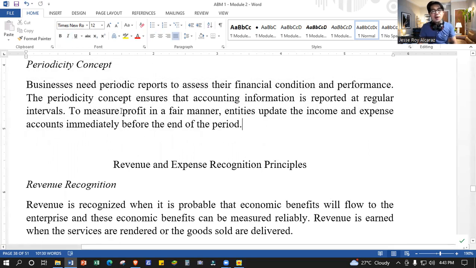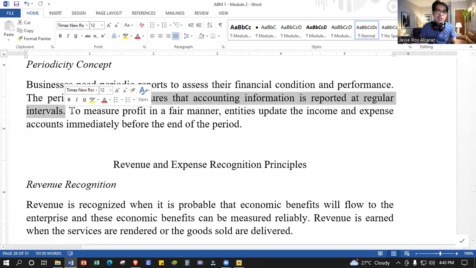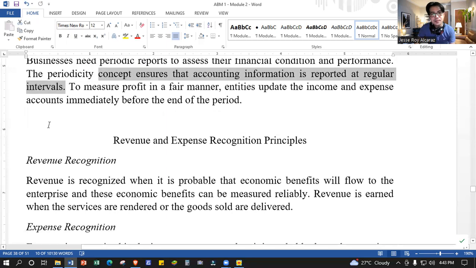To measure profit in a fair manner, entities update the income and expense accounts immediately before the end of the period. So the periodicity concept ensures that accounting information is reported at regular intervals. If you decide that it's every week, then all of your reports will be reported on a weekly basis. Therefore, when you see a report, it is automatic that this is good for one week.